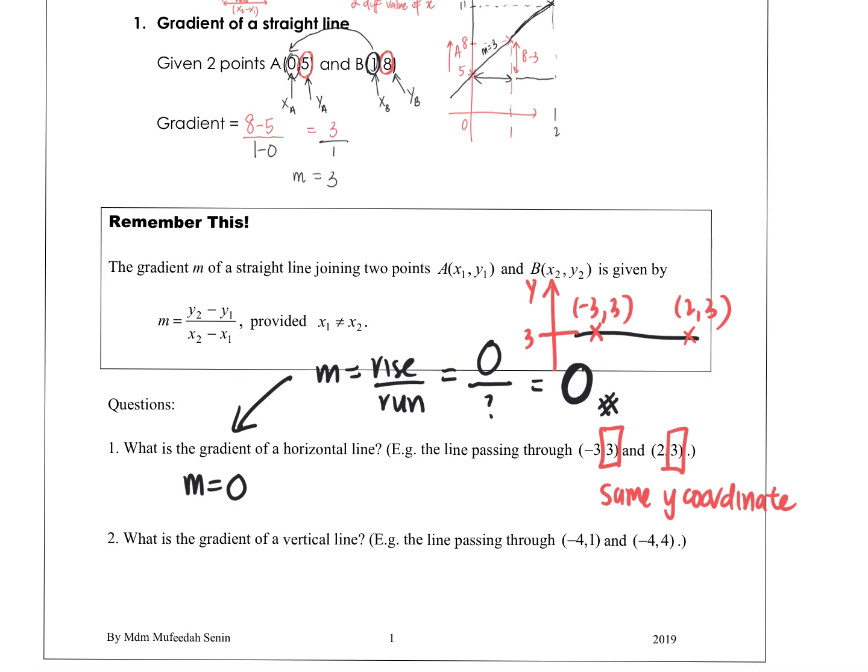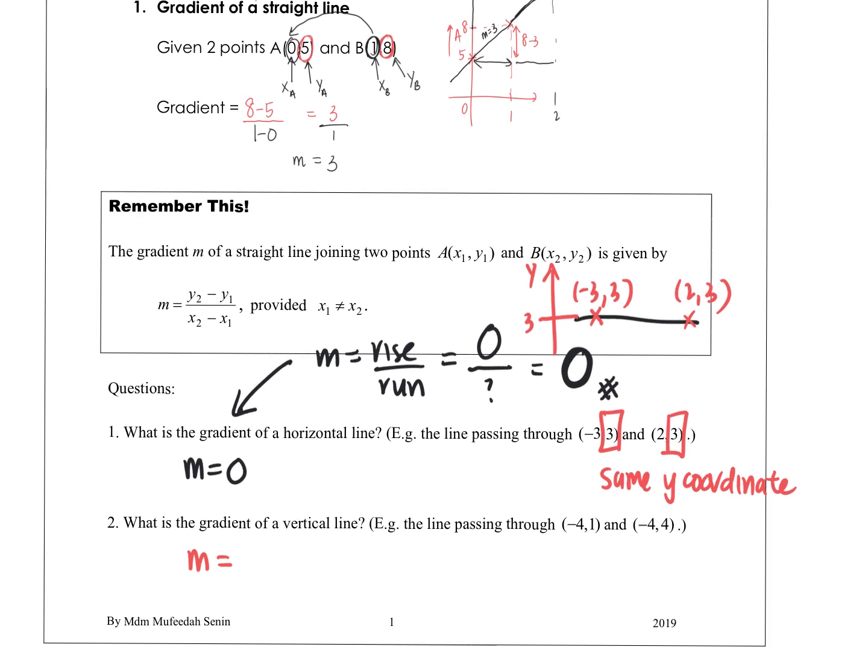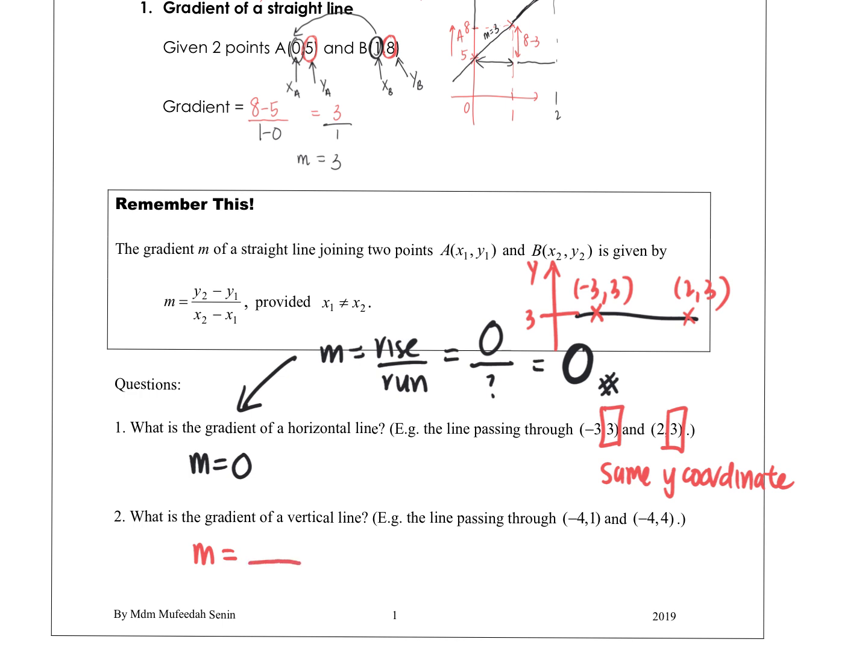What about a vertical line? It will give you infinity, right? So what do you think will give you infinity in a fraction? Let's imagine this is the run. I rise to infinity, right? But do I run horizontally at all?